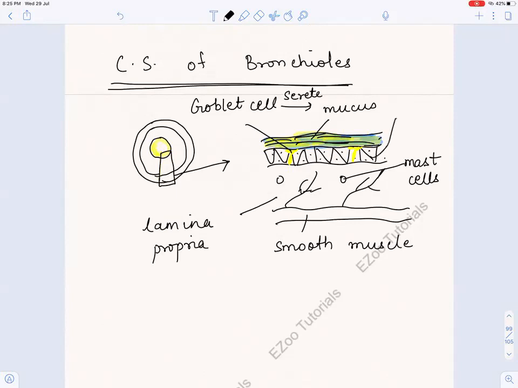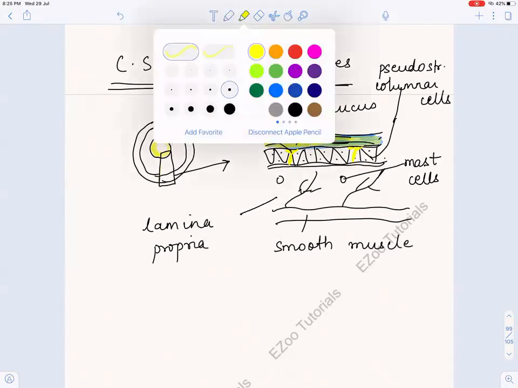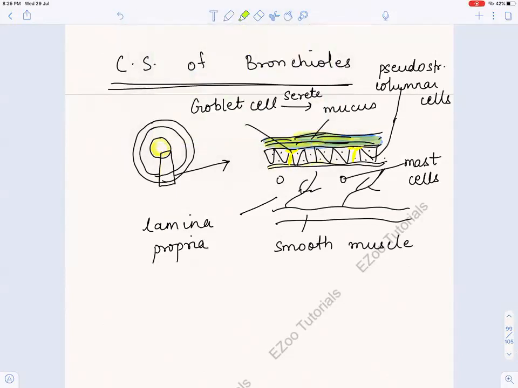And these are the pseudostratified columnar cells. And then there is this basement membrane. I hope you have understood this.